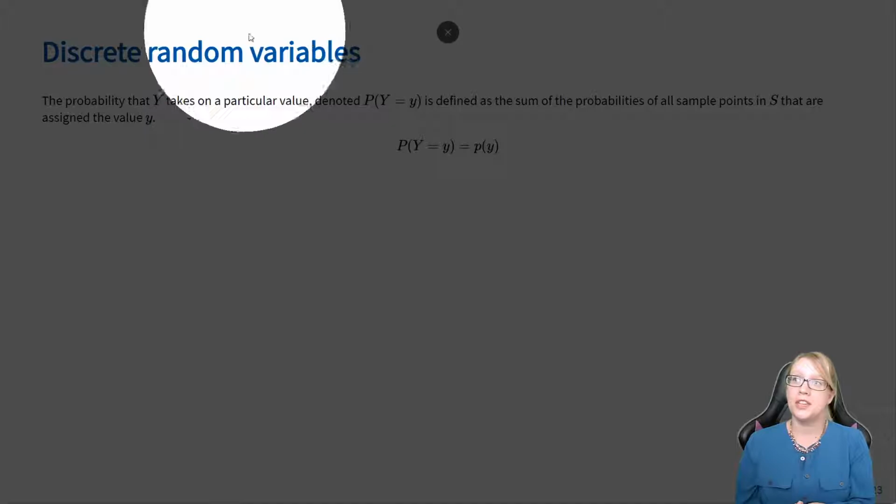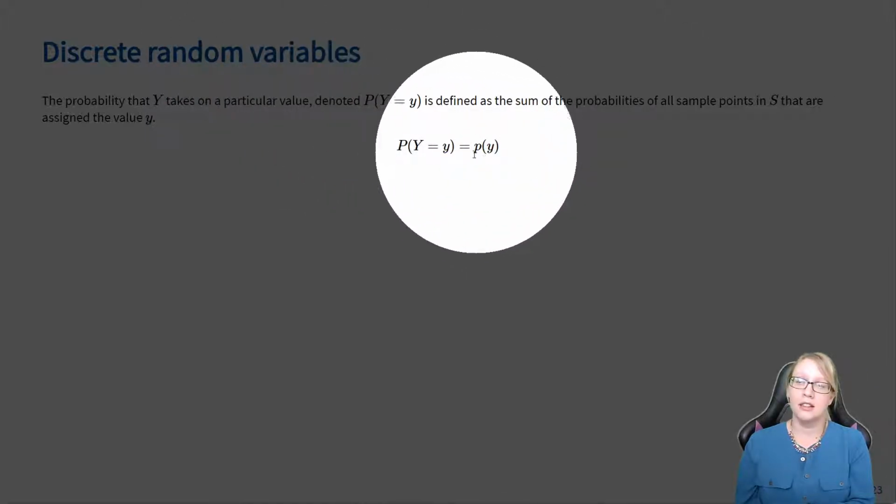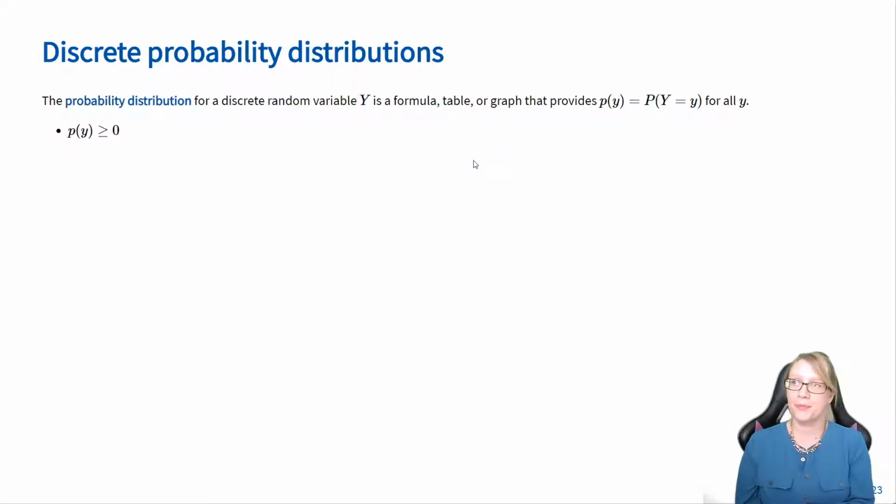We'll denote this function as little p of y. This is a probability distribution for a random variable. So this describes how the probability is distributed across all possible outcomes.